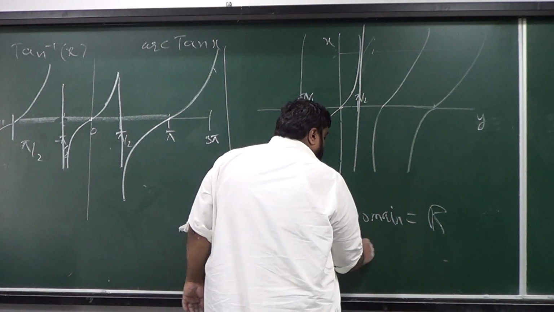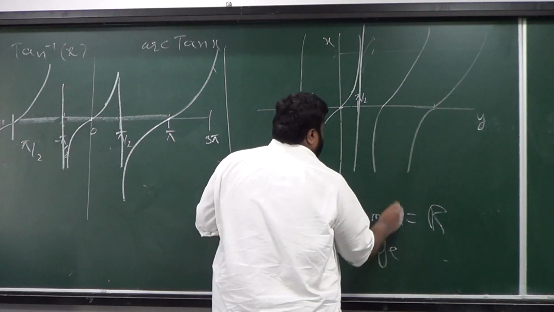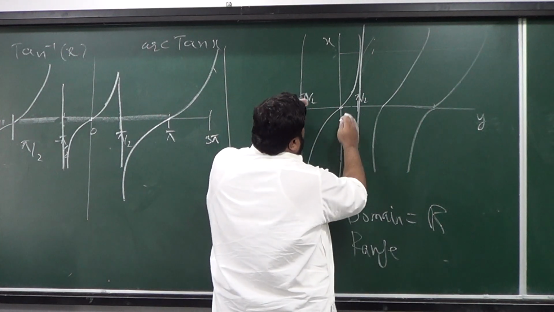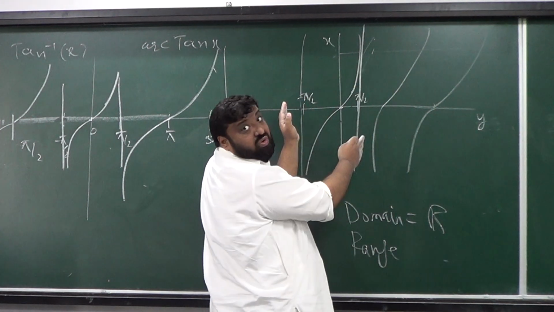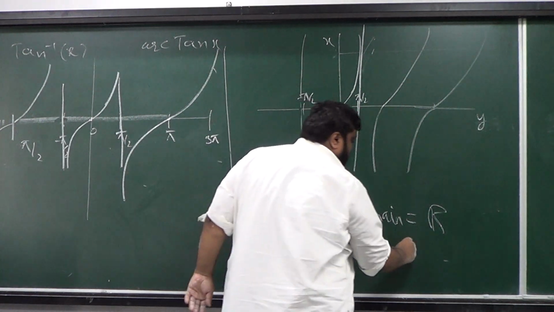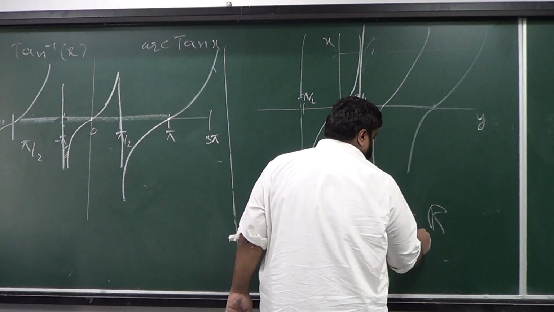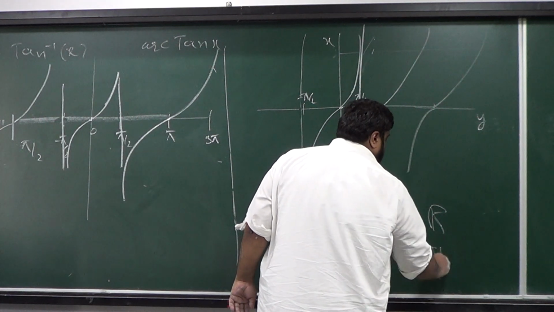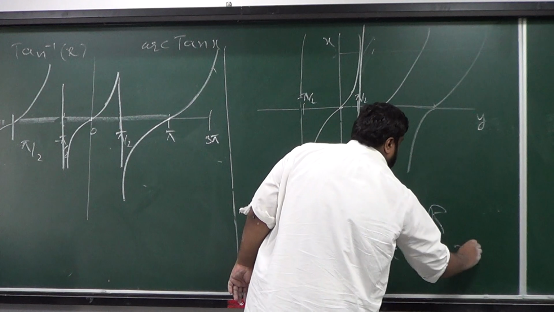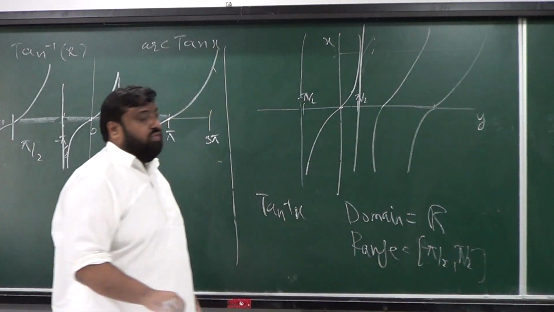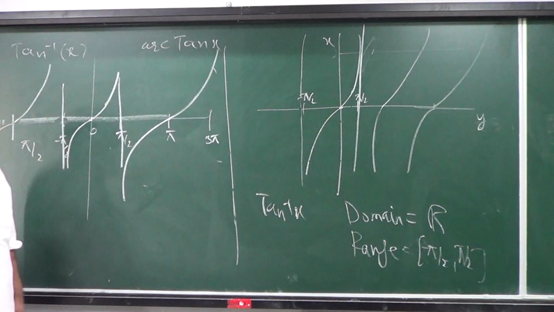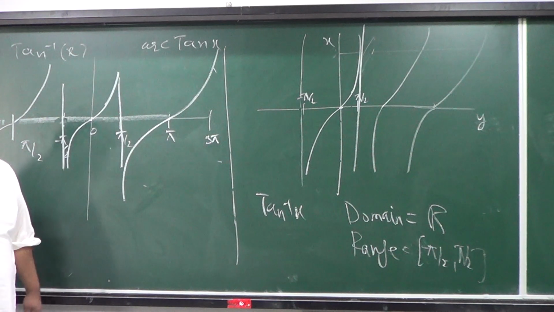How about the range? The values of y always sit between minus pi by 2 and pi by 2. So this is the range of it. Is it making sense? Yes, that's the tangent inverse x.